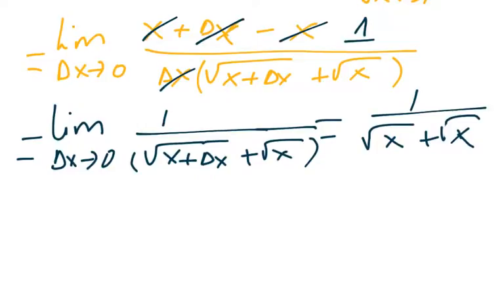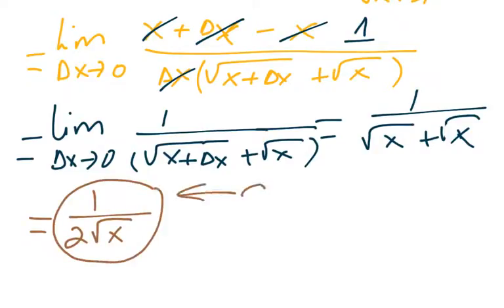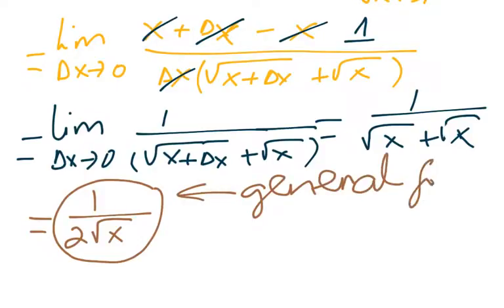What that means is that's going to be equal to 2 square root of x. So this is what we call the general form. Okay, so this would apply for any point on that given function.